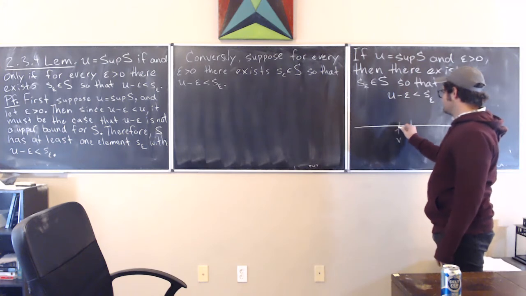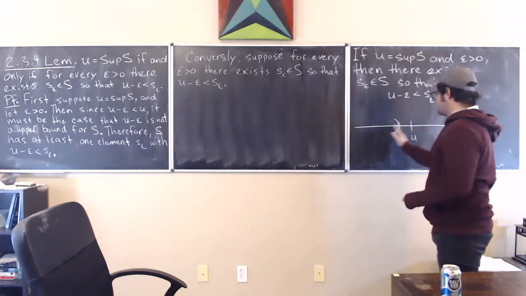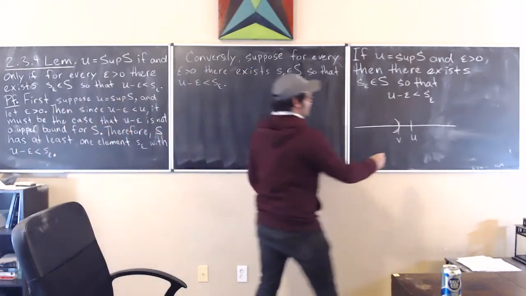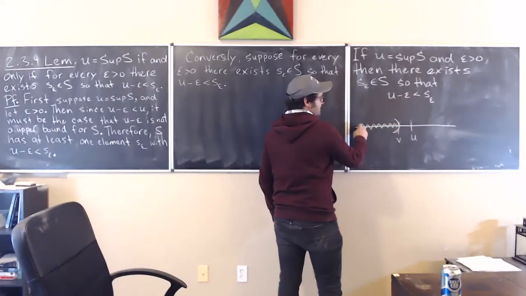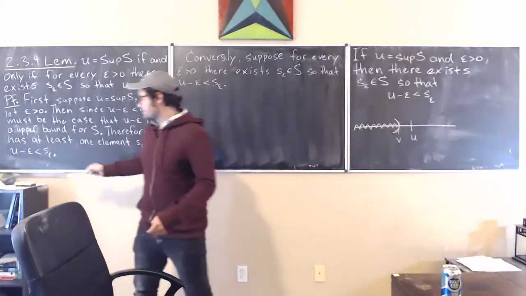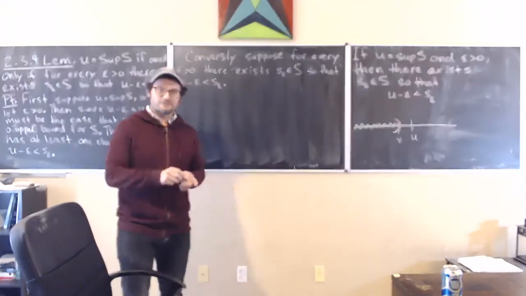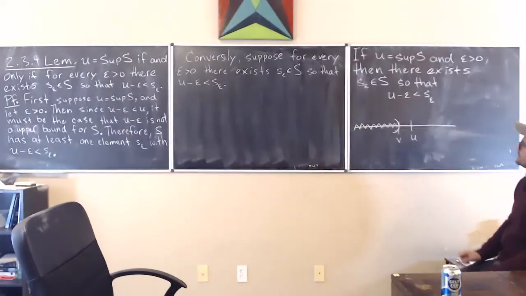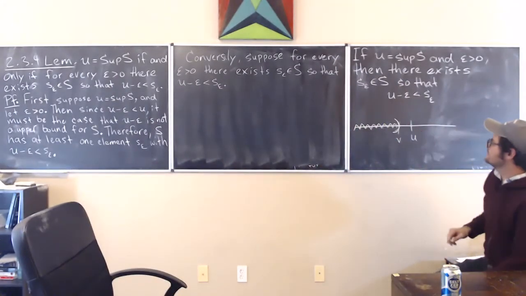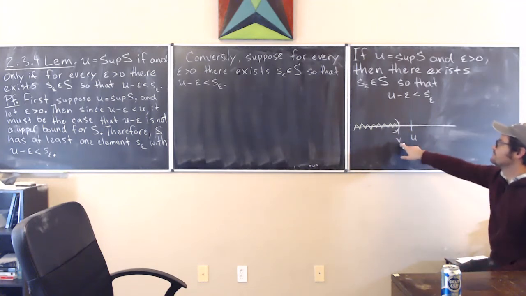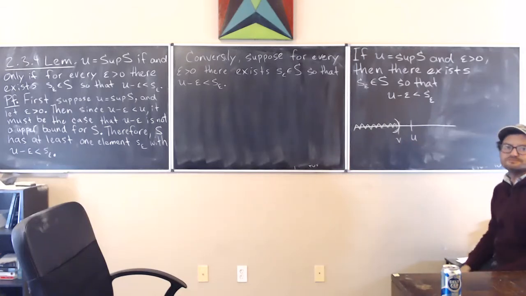That means that everything in S is contained over there. And again, I mentioned this last class, when dealing with analysis proofs, it's a good idea to start drawing the real number line to get a sense of what's going on. So U satisfies that property, and by contradiction, we assume that it's not the supremum, which means there's some upper bound on S that's smaller than U. What's the problem?